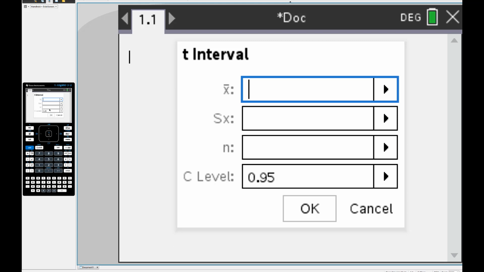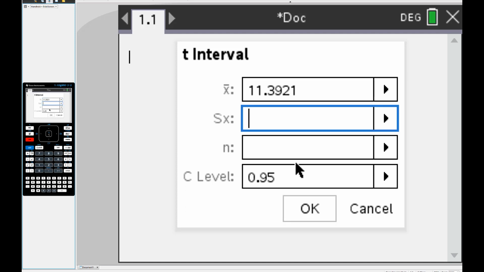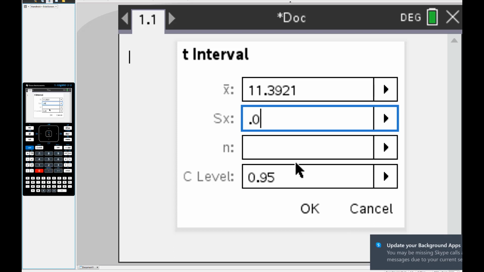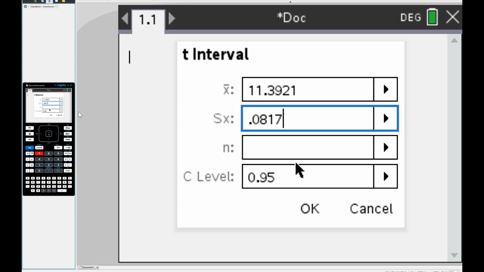And then we have to enter our X bar. Our X bar in this case was 11.3921. Tab down to our standard deviation, which was 0.0817. And then we had our sample size of 36.